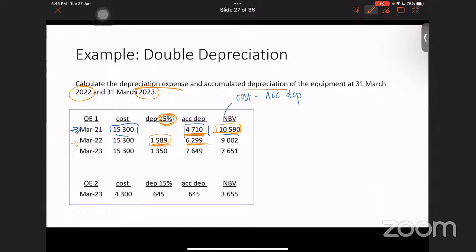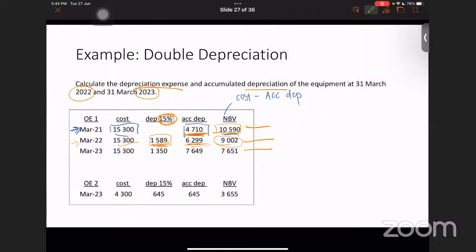Then same thing, MBV, cost minus accumulated depreciation, I will get this one. So when I calculate MBV, I will take the current year cost minus the current year accumulated depreciation. I will always go line by line.